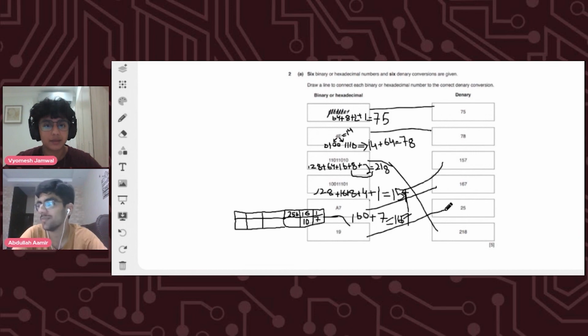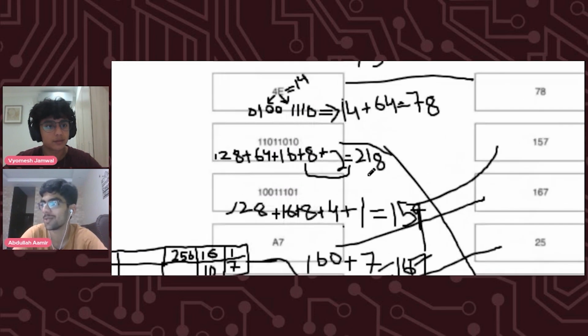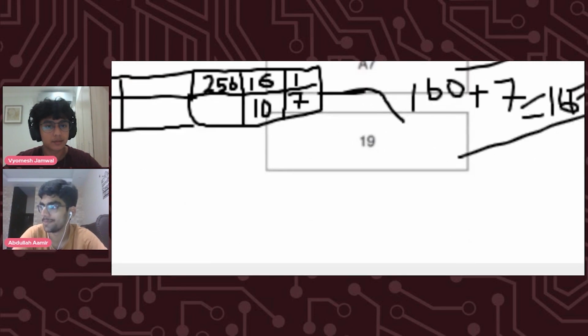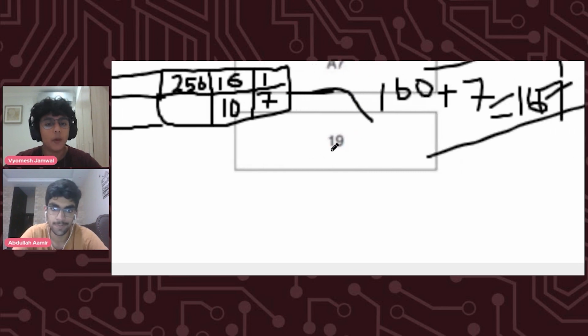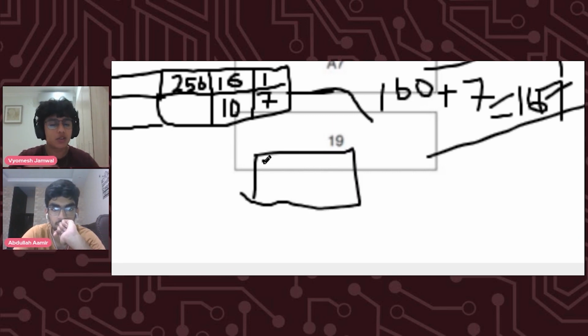19 should be 25, but we'll just do 19 for a good explanation. So looking at 19, it's obviously a hexadecimal. It's already stated before. And we can use the same strategy that we used before. So we could use, again, the 256, 16, and 1 table. Looking at the left digit, it's going to be times 16. Let's just draw a table just to make sure.